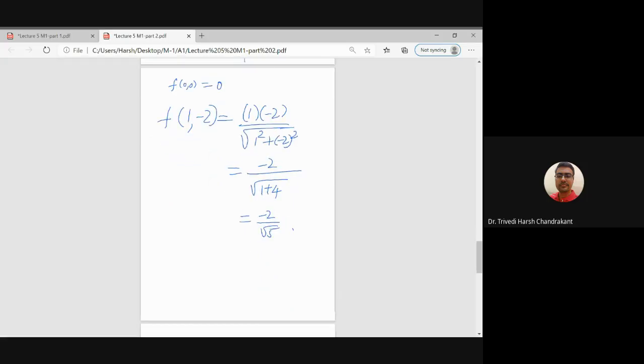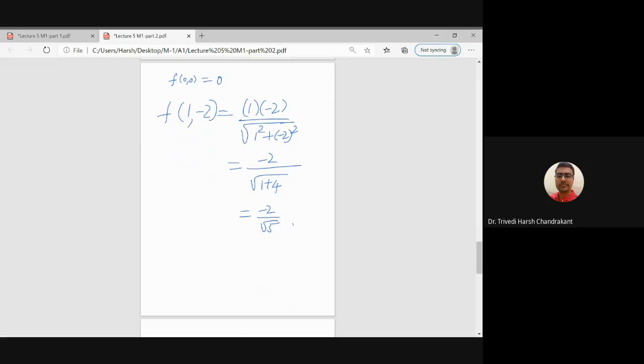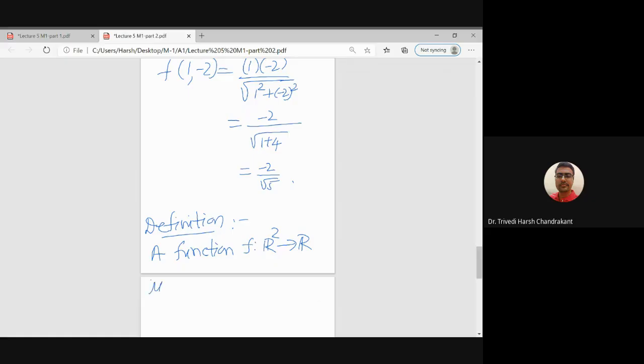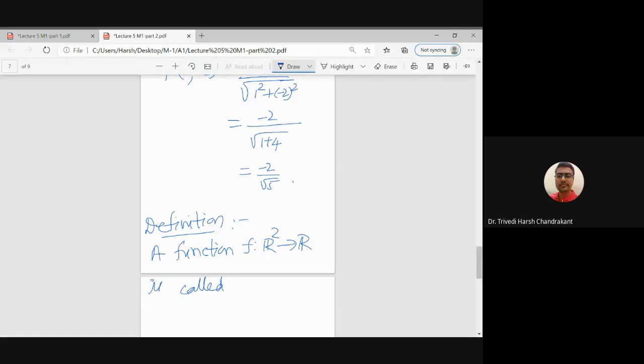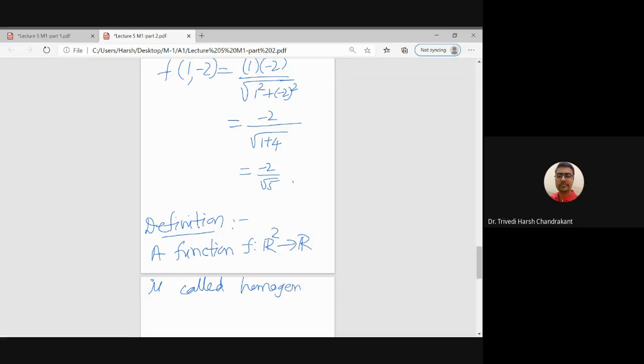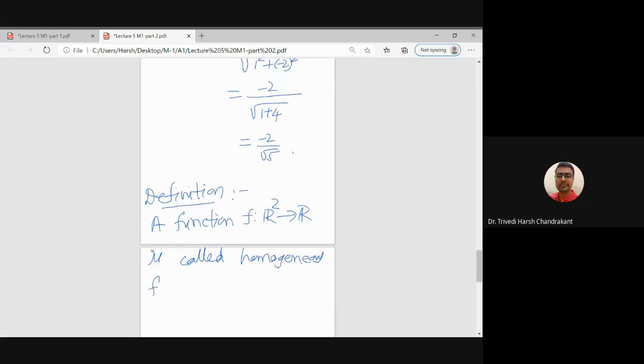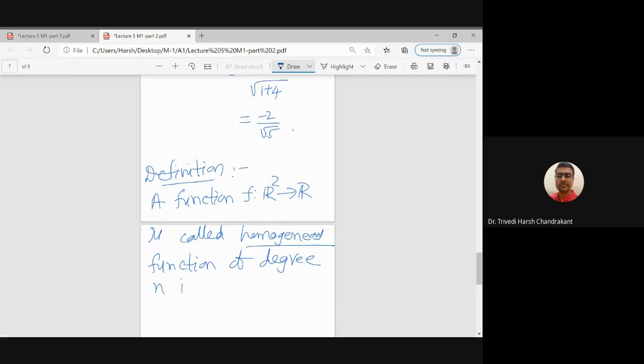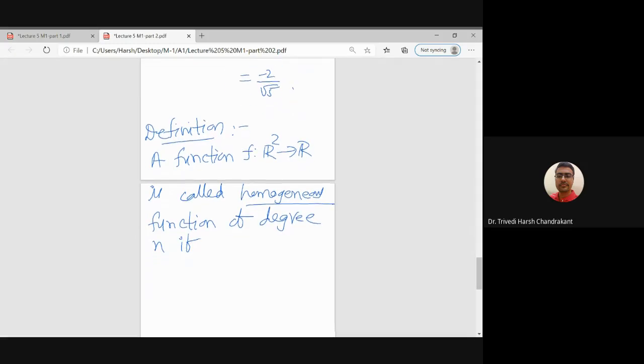So let us take one simple definition and example, then I will stop today. A function f defined from the real line to the real line is called a homogeneous function of degree n if it satisfies a certain condition.